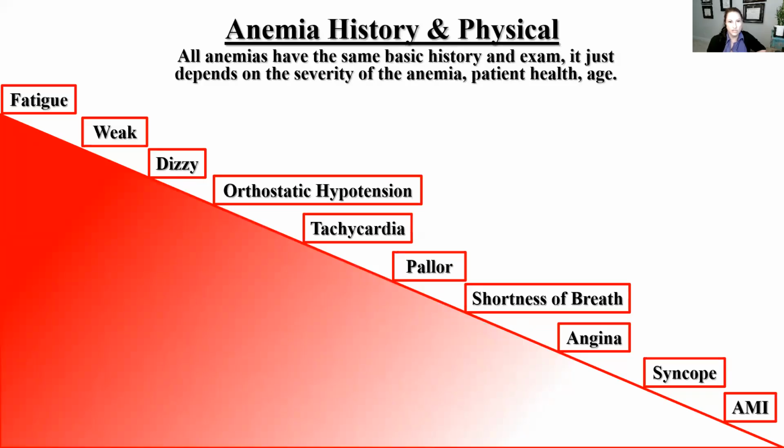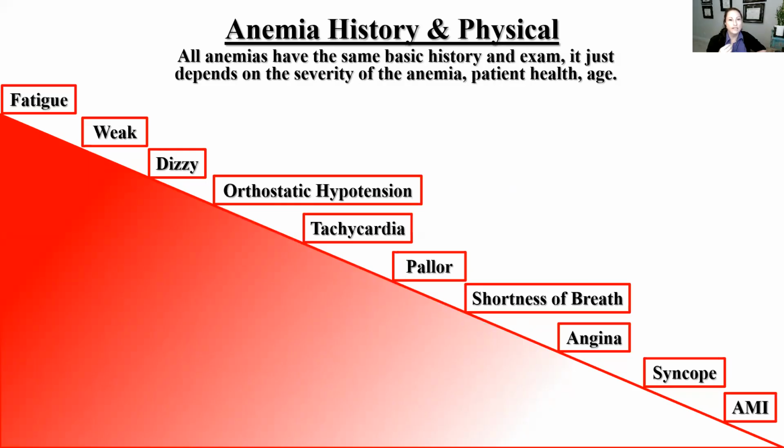So if we have a mild anemia, one of the first presenting complaints would be fatigue. Then we go on to weakness, dizziness, orthostatic hypotension. They stand up and they get really lightheaded. Tachycardia, because the heart is beating faster in order to try to drop off the oxygen at the tissues because we don't have enough red blood cells. Pallor, they look very pale, and shortness of breath.